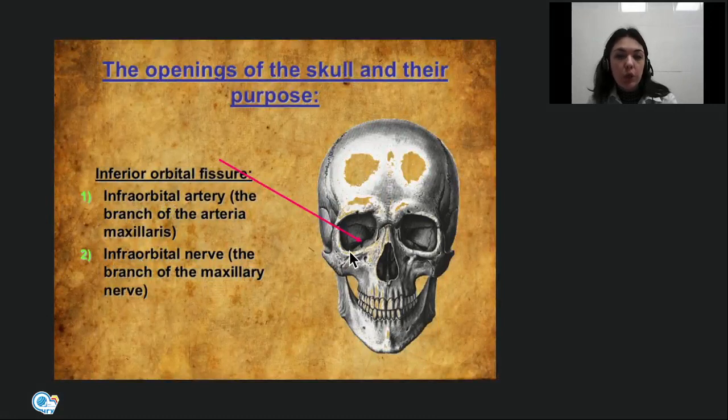Inferior orbital fissure is located between lateral and inferior walls of the orbit. It is a communication with infratemporal fossa and pterygopalatine fossa. Through the inferior orbital fissure, infraorbital artery, that is a branch of maxillary artery, and infraorbital nerve, that is a branch of maxillary nerve, pass.